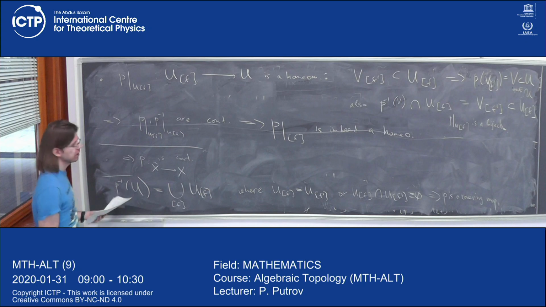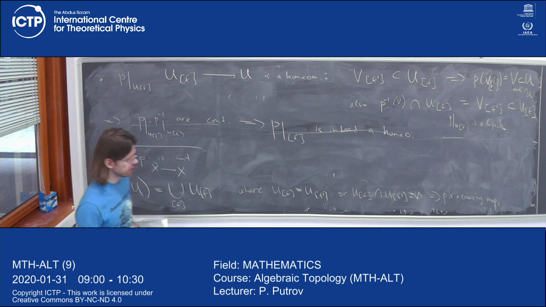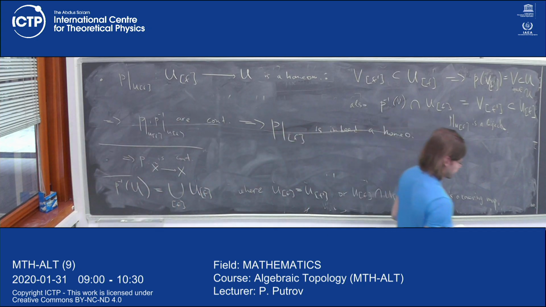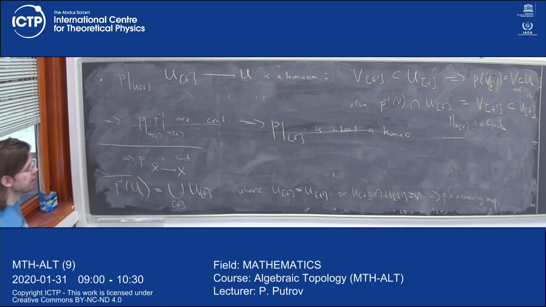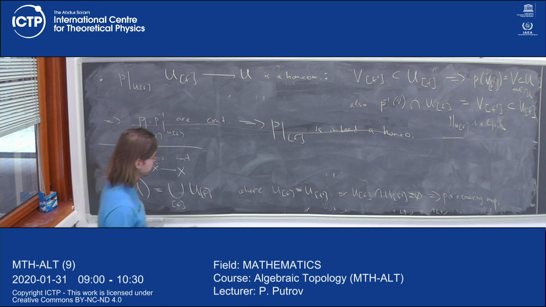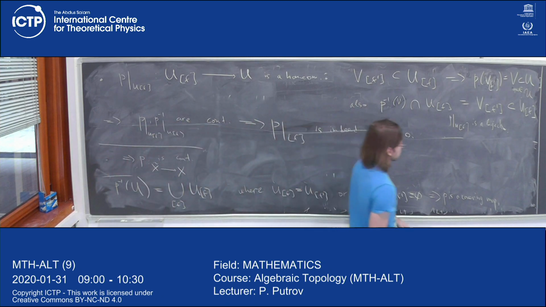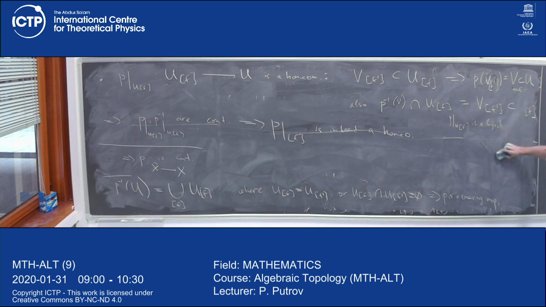Okay, so what we did so far, we constructed X tilde just as a set of some equivalence classes. And then, after some work, we equipped X tilde with topology, and now we showed that this map P indeed satisfies all the properties of the covering map.